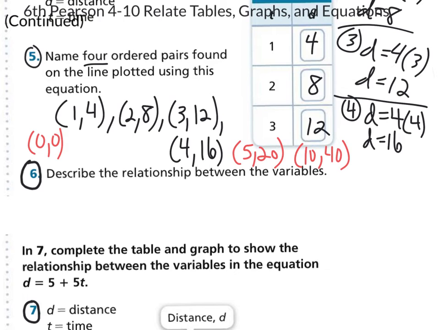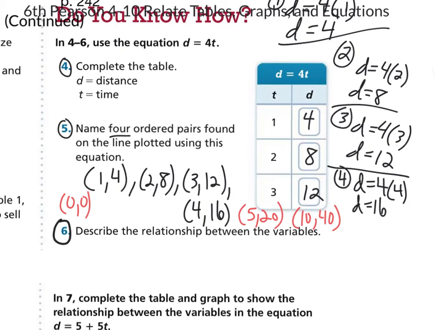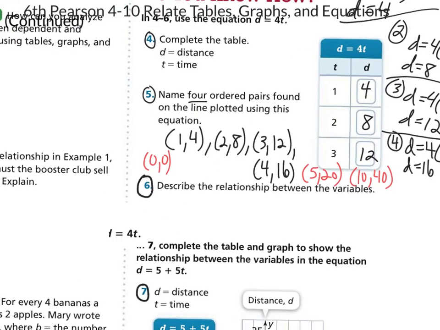Number 6, describe the relationship between the variables. So just thinking about the equation, we had d equals 4t. It'd be easier just to write it. D equals 4t. Okay, so think about the relationship between the variables.